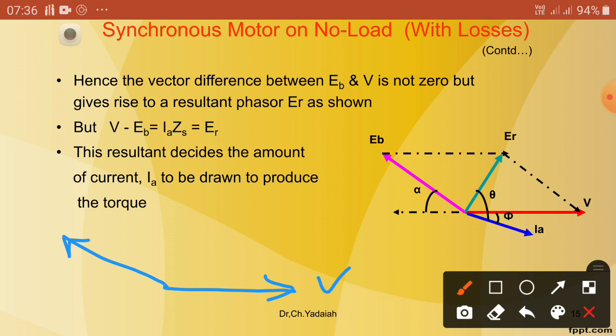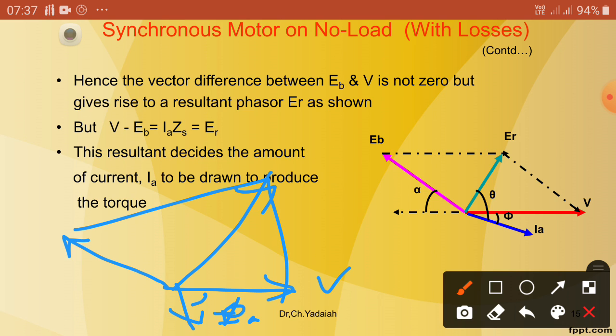Correspondingly some current IA is drawn. The phase angle phi is the power factor angle between IA and V. Now the resultant we are going to get is ER. The angle from ER to IA, the armature current, we can say is theta.